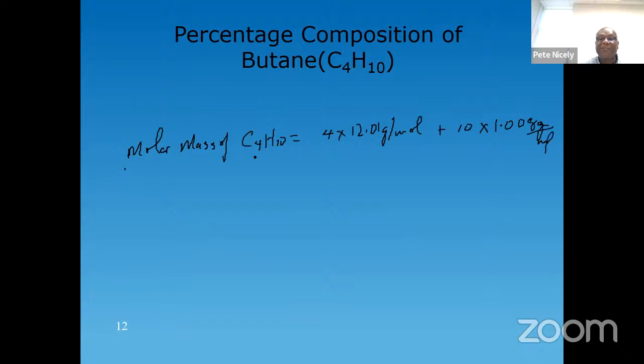So this part works out to be 48.04 grams per mole, and this part works out to be equal to 10.08 grams per mole. And I'm sorry about that, folks.